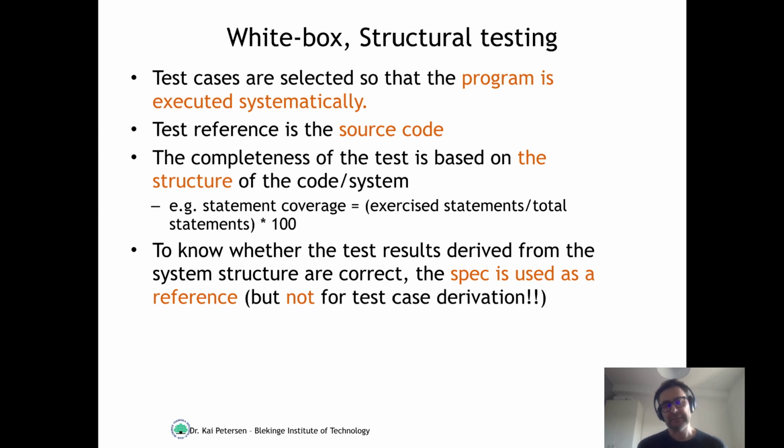The reference is the source code, or it can also be detailed designs of the source code, but the majority of these techniques focus on the source code. We build up some view of that source code, and we try to cover it in different ways. So the completeness of our white box structural testing is based on the structure. How well do we cover the structure of the system?